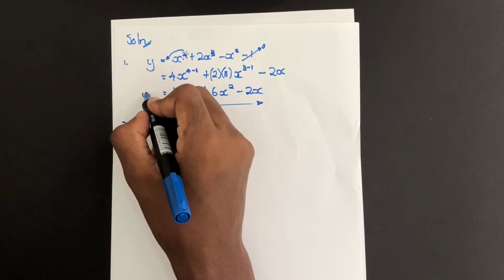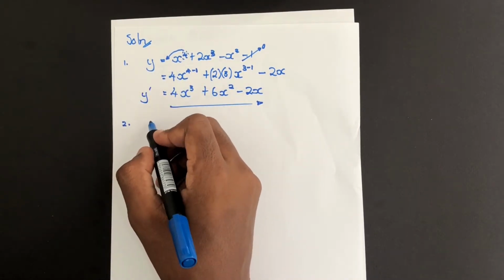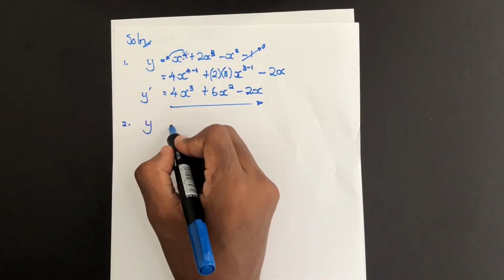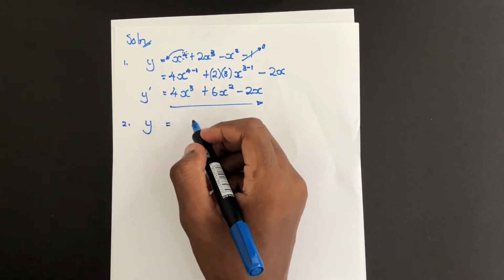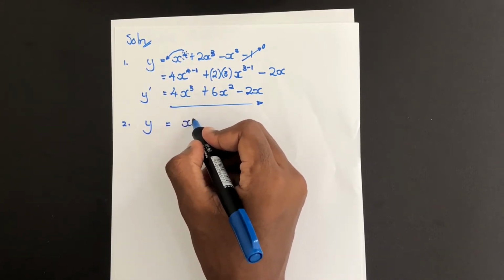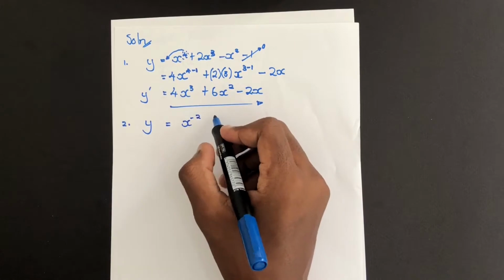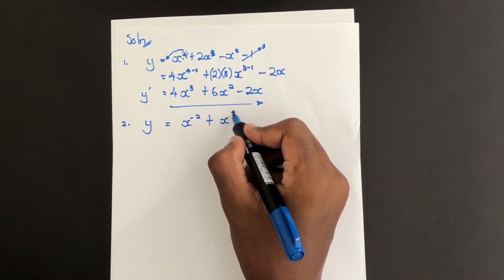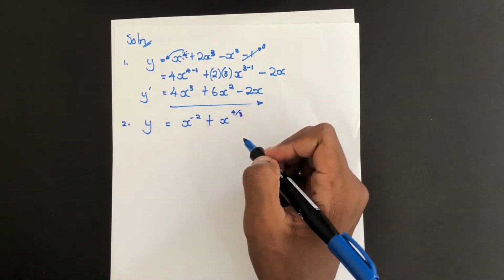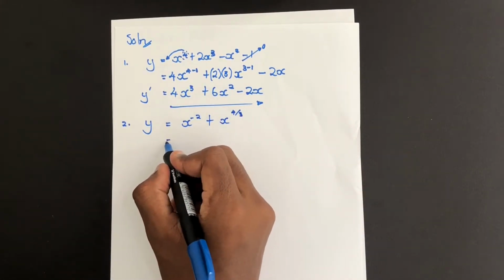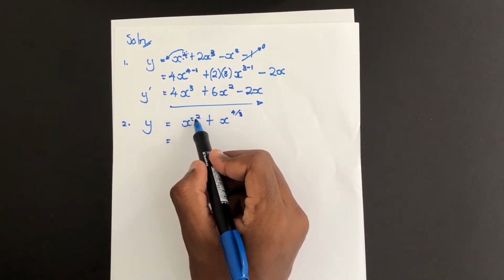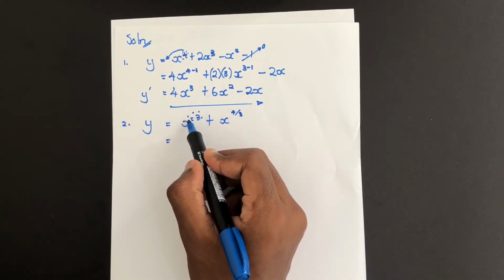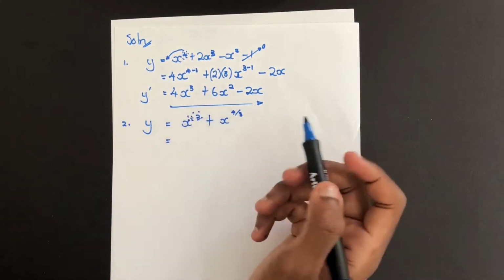y equals x to the power negative 2 plus x to the power 4 over 3. The concept is the same, just that we have a power up front, but the concept is the same. So we bring out the power and the sign, both of them.